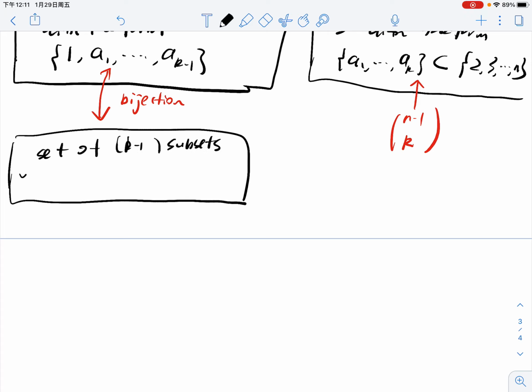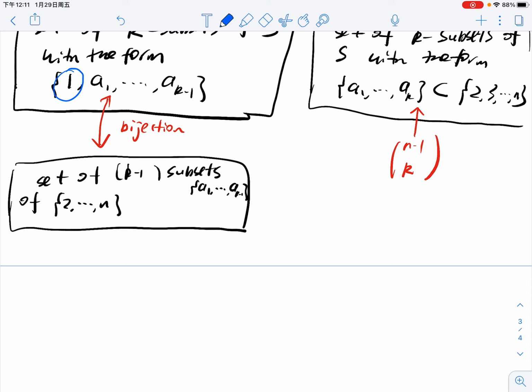Delete 1 from each k subset, or each k combination. Then you have a k minus 1 combination, and the remaining elements are chosen from 2 to n. Therefore, the number is n minus 1 choose k minus 1.